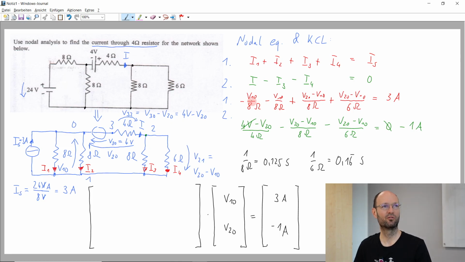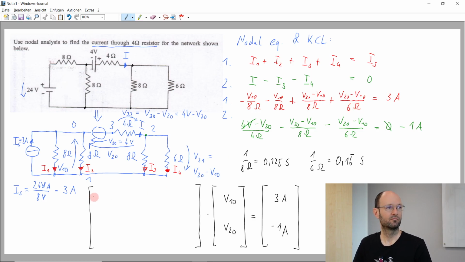But maybe it's still nicer to write it in Siemens. But we can check. So here, if we look at everything that is associated with the V1,0, it is minus 1 over 8, minus 1 over 8, another minus 1 over 8, and another minus 1 over 6.